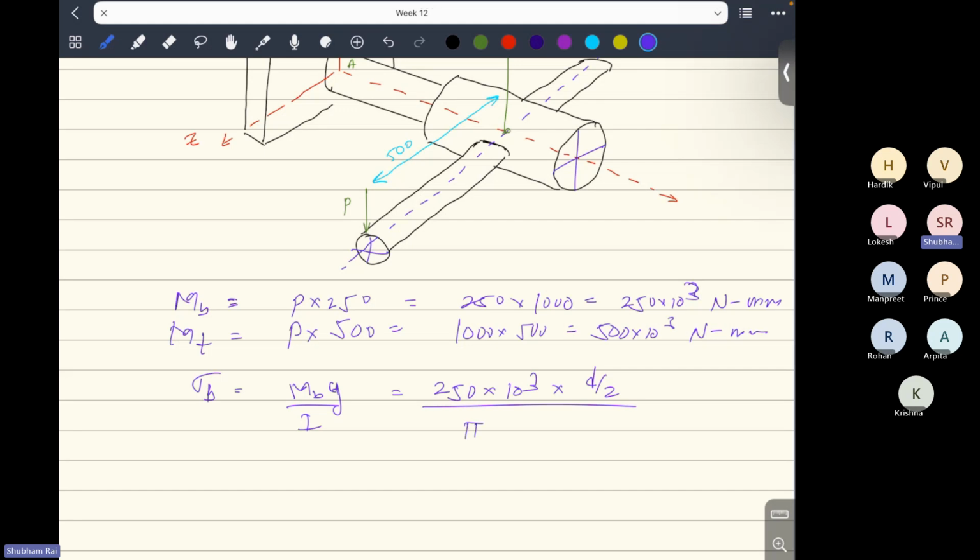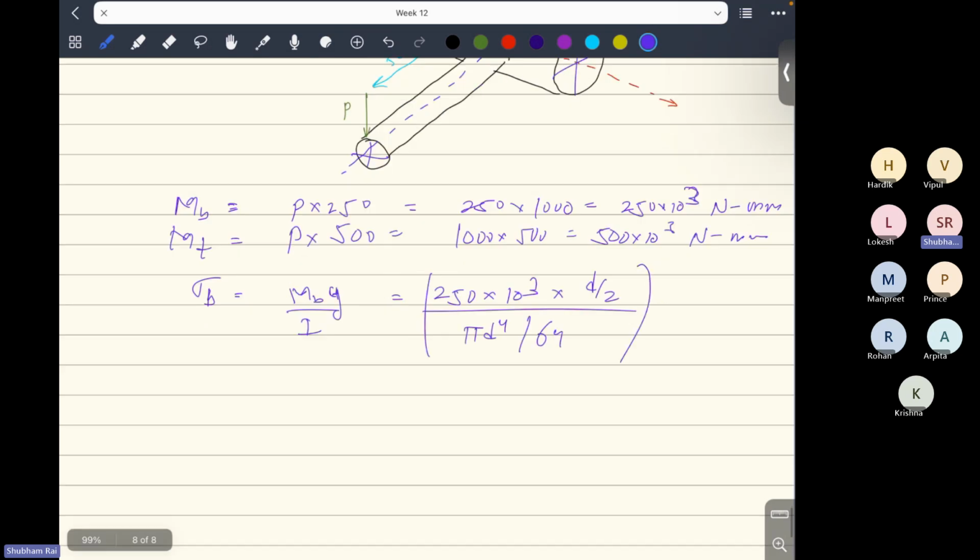Then we have I as pi d to the power 4 divided by 64. So finally, if you solve this, it will come to somewhere around 2546.48 into 10 power 3 divided by d cube, Newton per mm square.